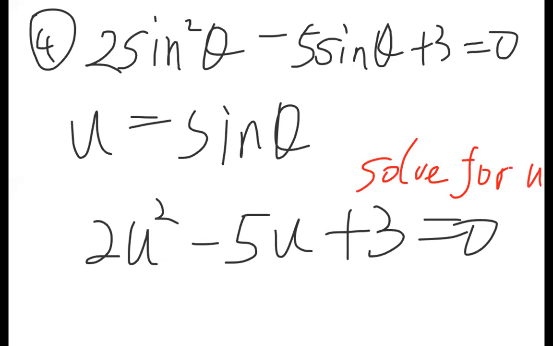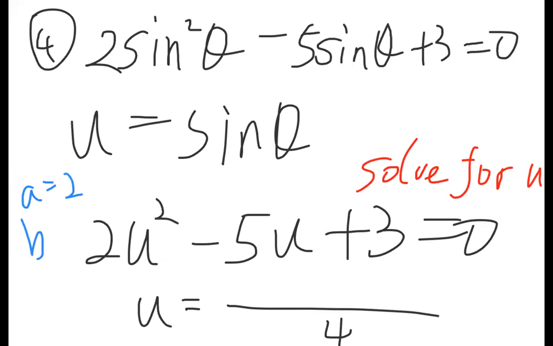Using the quadratic formula. So this is 2a, which is 4. A is 2, B is -5, and C is 3.